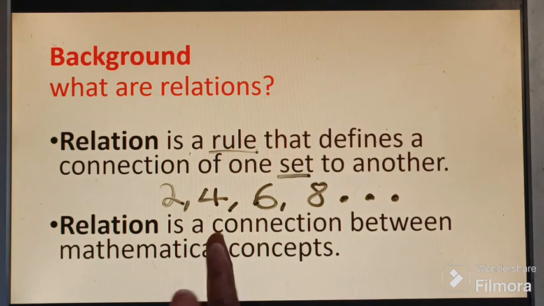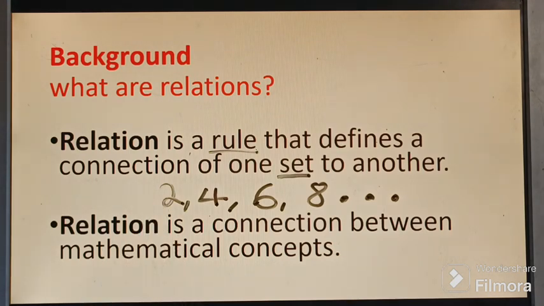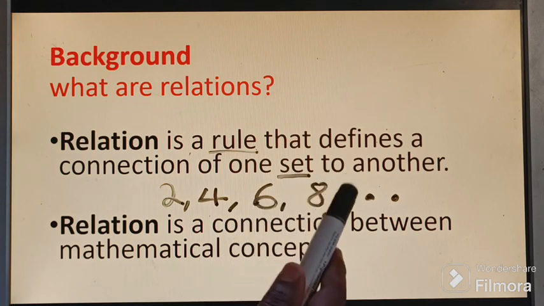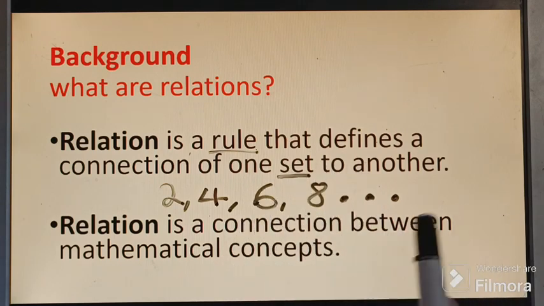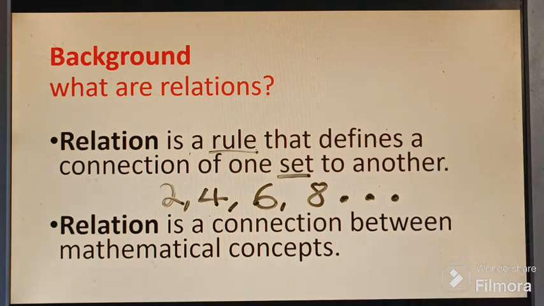So here we say we are adding 2. So when we add 2 to 2 we get 4, 4 plus 2 is 6, 6 plus 2 is 8, and using that rule we can find other terms in the sequence.